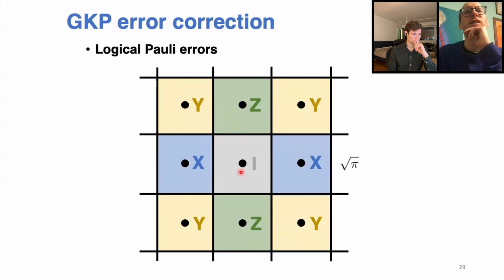But if you had a highly biased noise process, that with high probability can shift you very far away along one axis, and with very small probability shift you not so far in the other axis, then it would be a good idea to stretch these boxes such that they are rectangular.